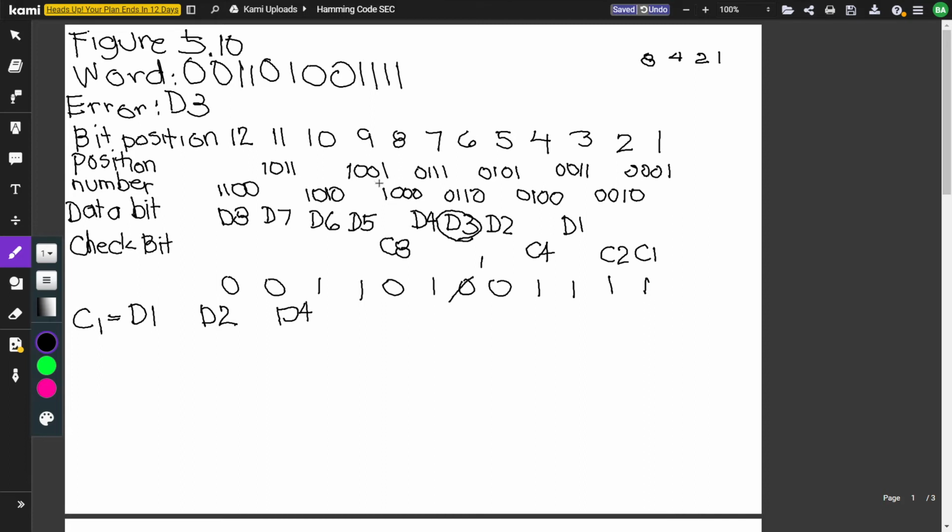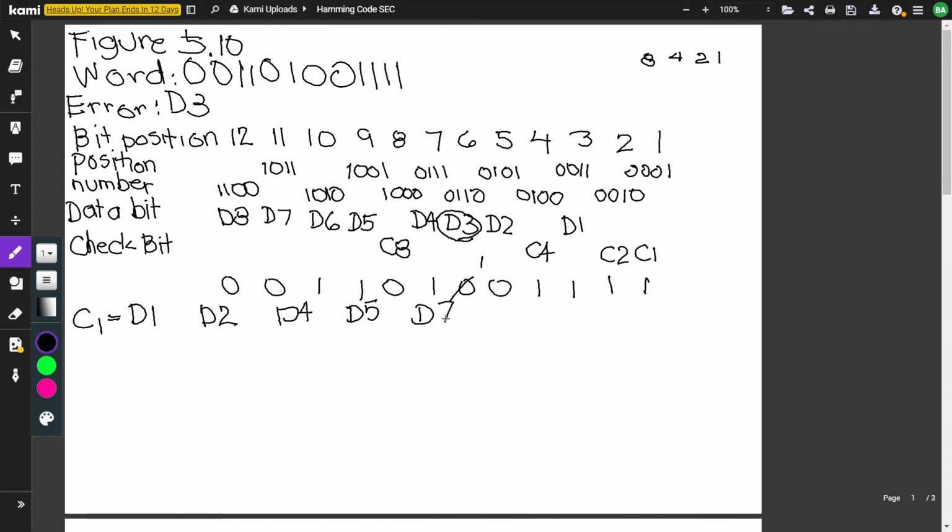Since this is an odd number, as you can see, all odd numbers are included here. So we have D5, and then 10 is not included because it's an even number. Next we have D7.